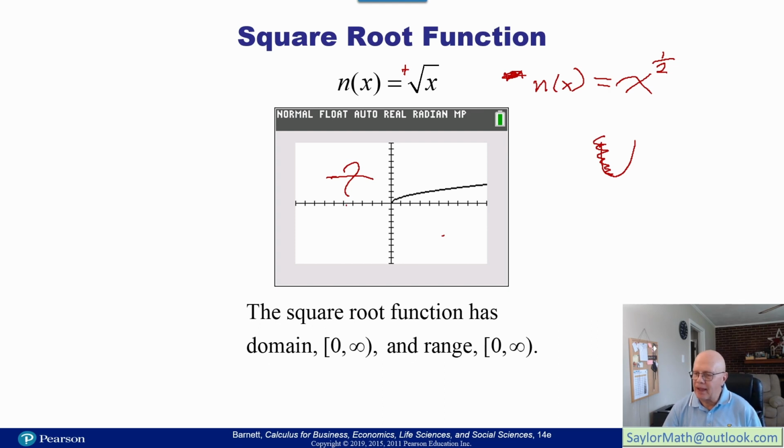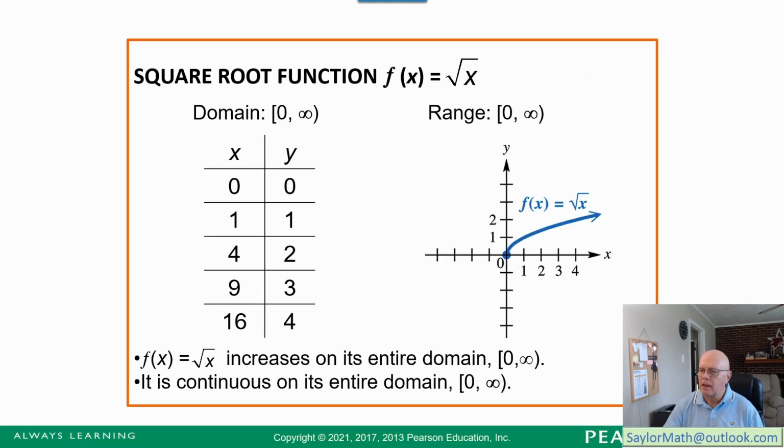So as the domain, we had to stick to the non-negative ones, or 0 plus the positive, and the range, same thing. You can't end up with a negative because it's the positive square root. And if you're graphing it, remember, you can only use non-negative x's.